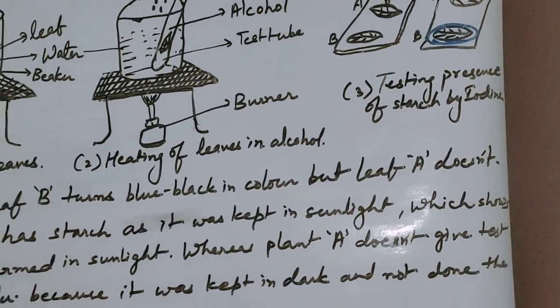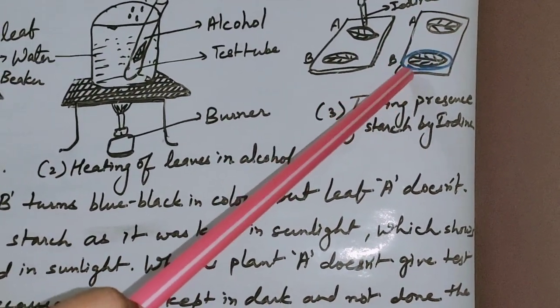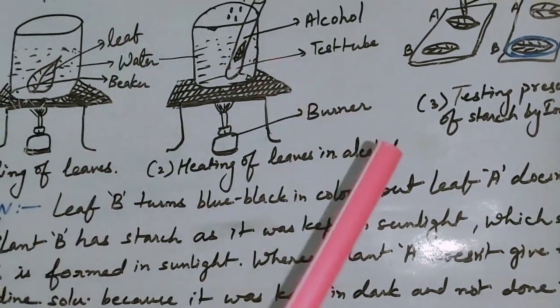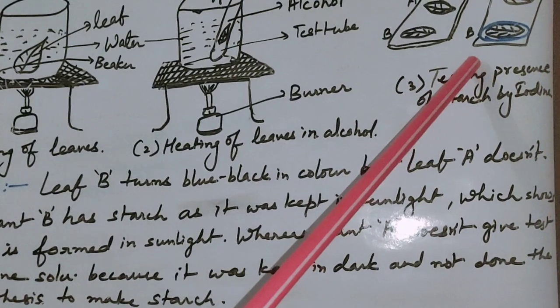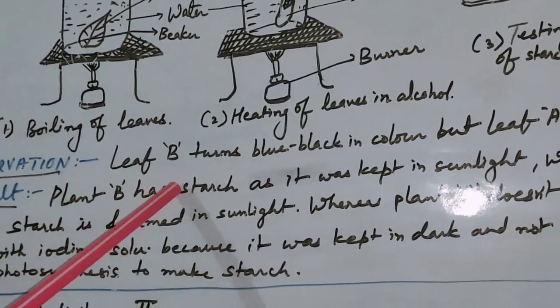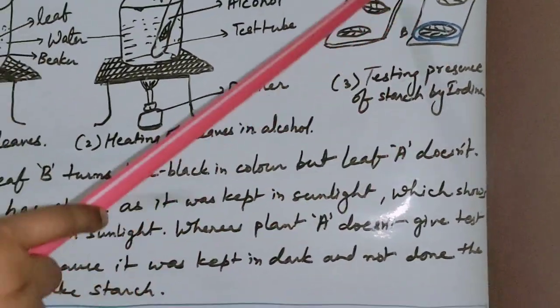Why does it happen? Because starch is present in leaf B. As leaf B was kept for 4 to 5 hours in sunlight, in sunlight it has prepared its food. So our observation is that leaf B turns blue-black in color, but leaf A does not.